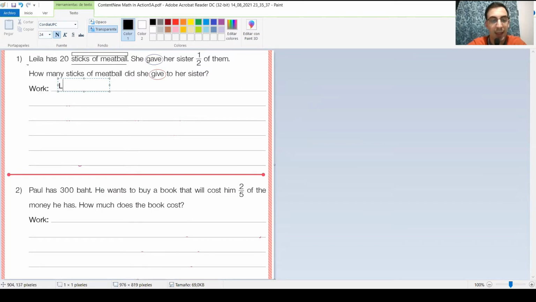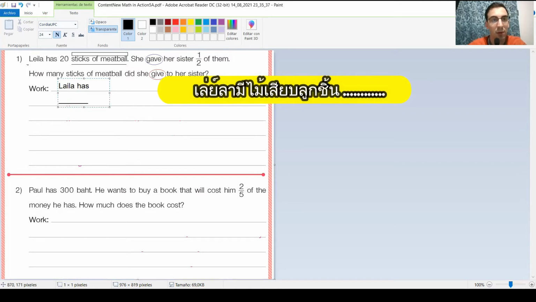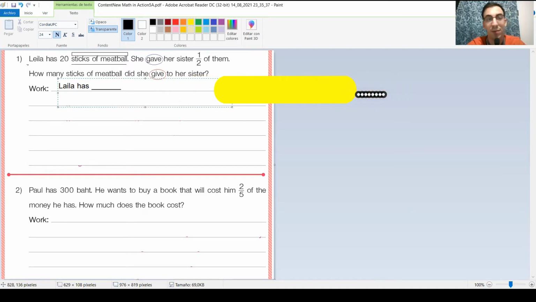Layla has sticks of meatballs. How many? You must fill this space.